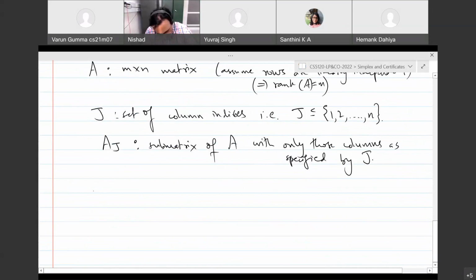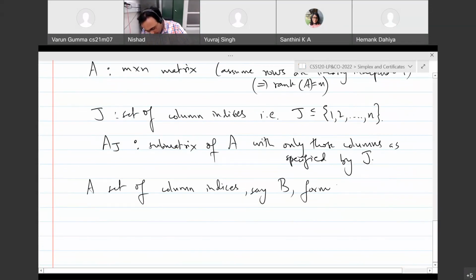So a set of column indices, say capital B, we are also using small b for the right hand side, so I feel the need to say capital here, forms a basis if the matrix AB is a square invertible matrix.